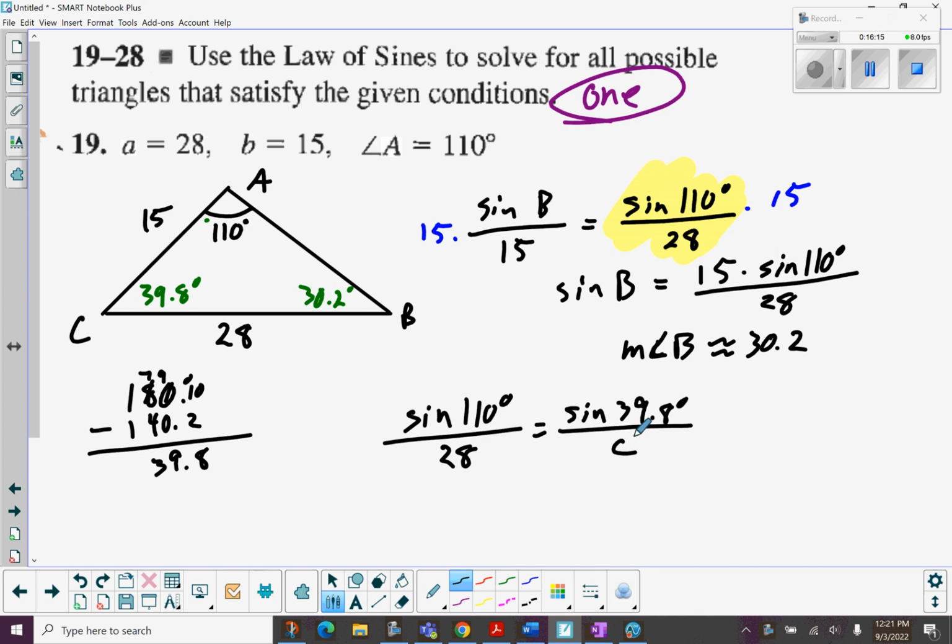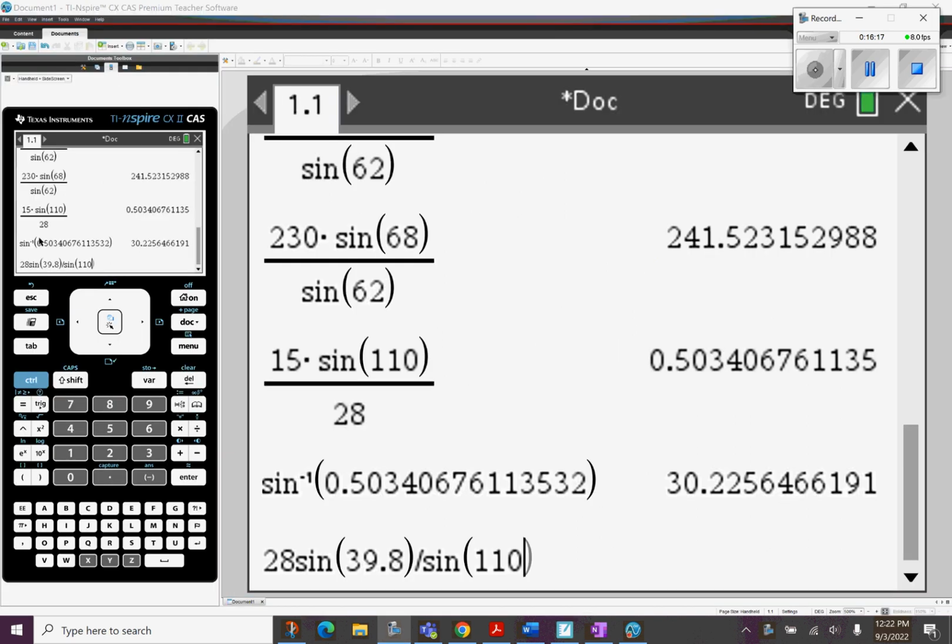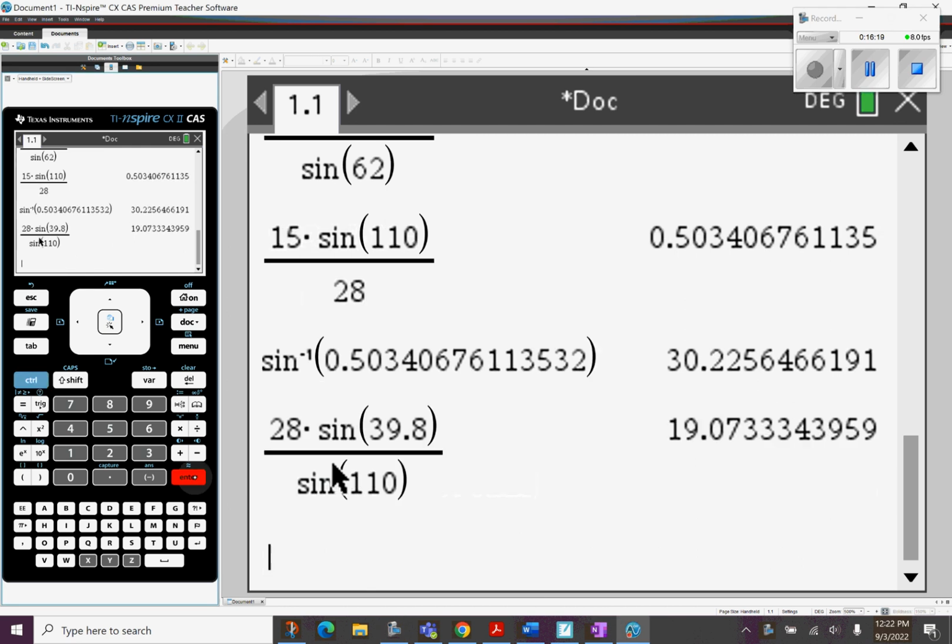So again, do our lovely cross product. So it appears the length of side C, I guess we'd round that off to about 19.1.